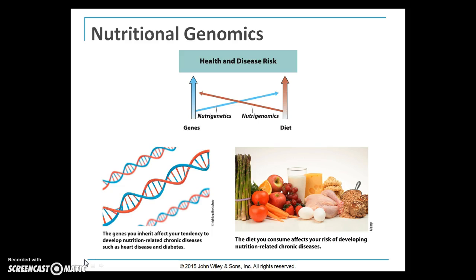So what you do now, the diet you consume, may prevent or promote these risk factors that you're genetically predisposed to. Nutritional genomics is a new term. It's the study of how diet affects our genes and how individual genetic variations can affect the impact of nutrients or other components on our health.